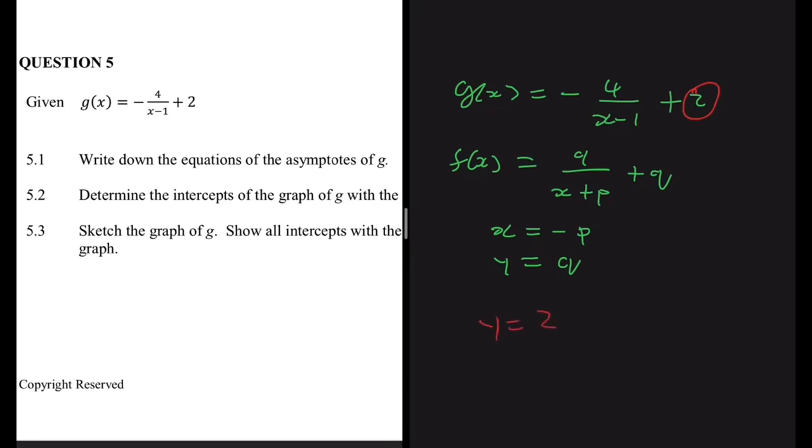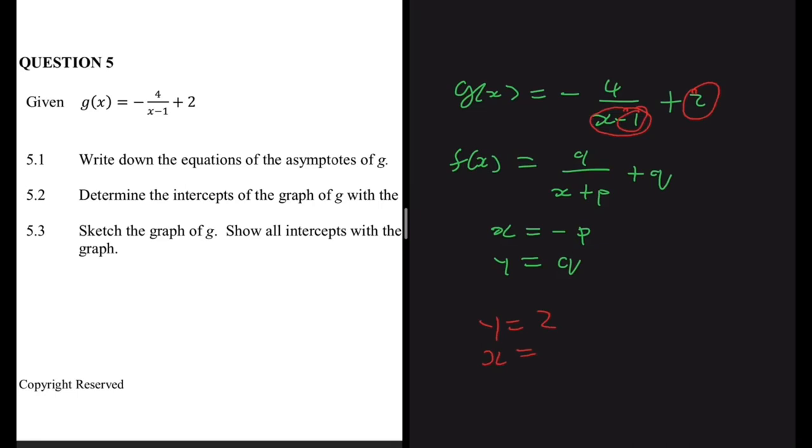And now let's come to the vertical asymptote. We need x to be equal to something. So let's go to our equation g of x, right? We have x minus 1 here. And we're saying that the equation must be x is equal to minus p. So p in our equation is minus 1. So that tells us that minus p will be positive 1, right?